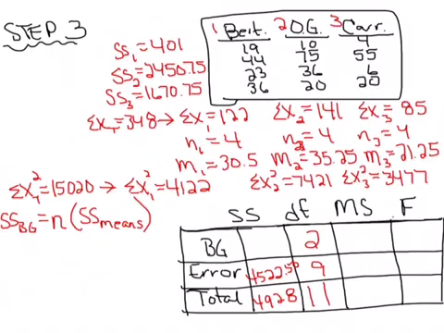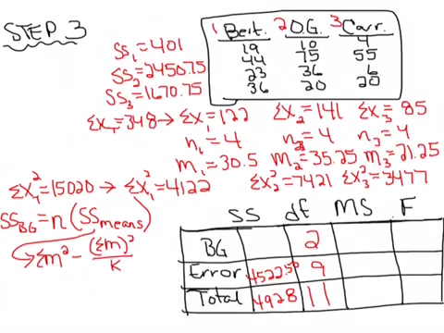It's a lowercase n, so we know that's going to be a 4. But to get the sums of squares means, we need the sum of m squared minus the sum of m total squared divided by k.